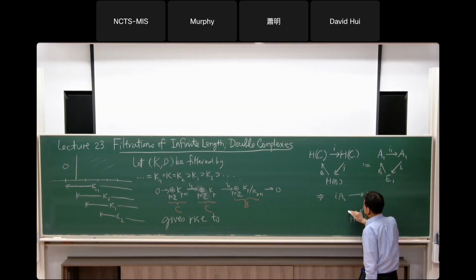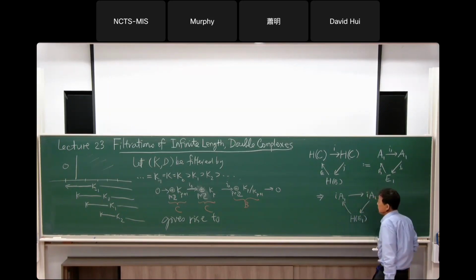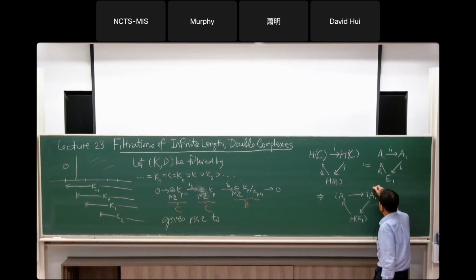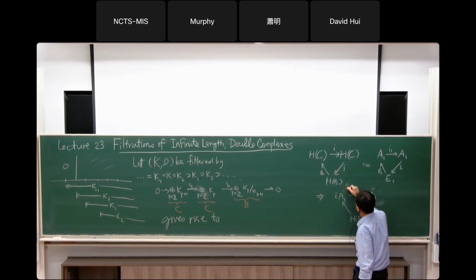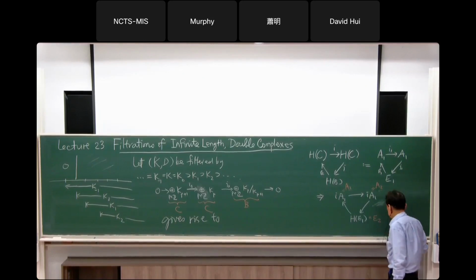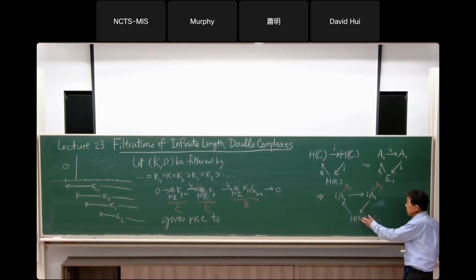So that's the first derived couple, and this we just call A2, E2. And in this way, we get our spectral sequence.